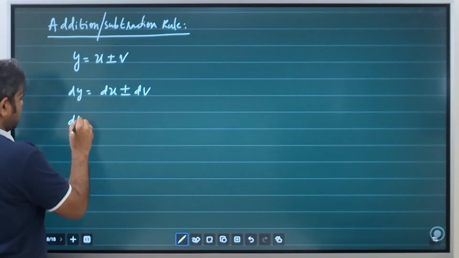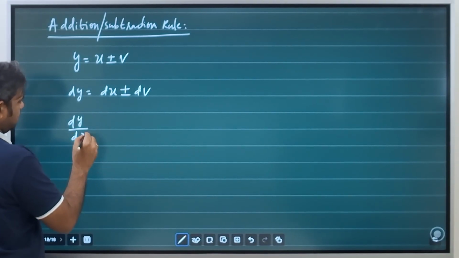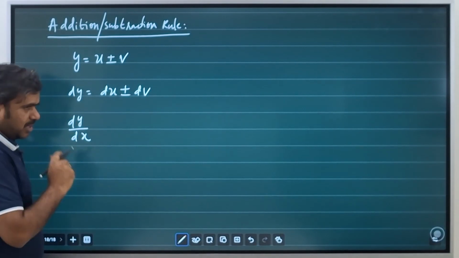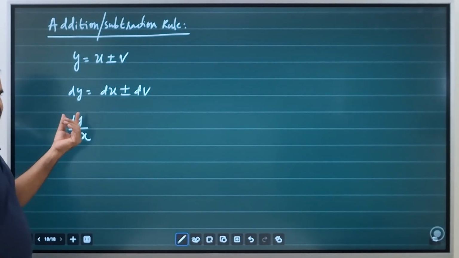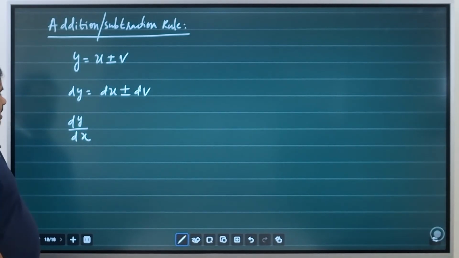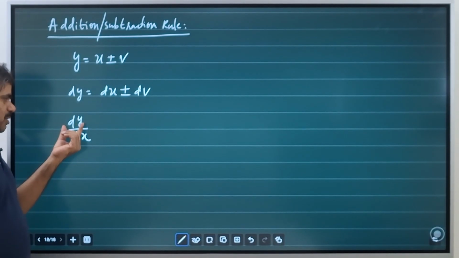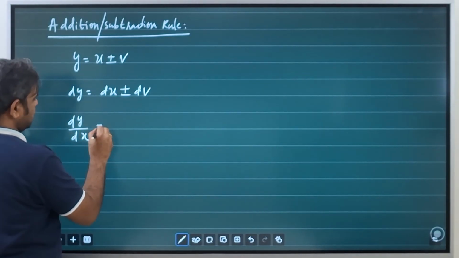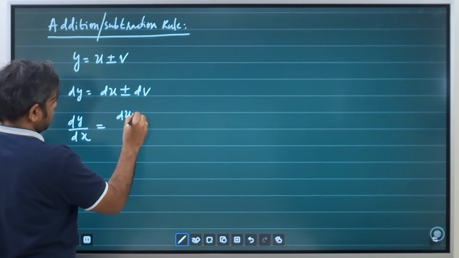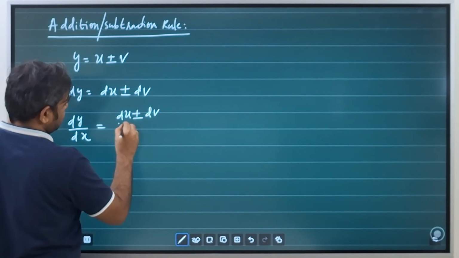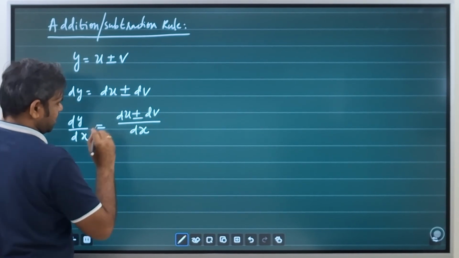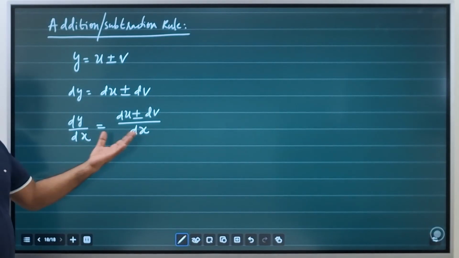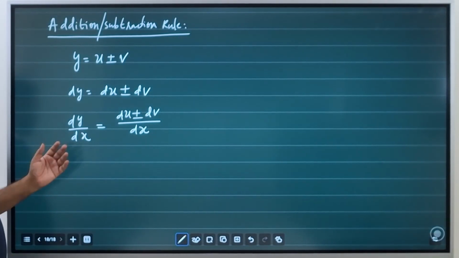Or we can write dy by dx, change in y by change in x. A little bit of change in y by a little bit of change in x. Infinitesimally small change in y divided by infinitesimally small change in x. dy by dx is equal to du plus or minus dv by dx. We are dividing with dx for obvious reasons in the denominator.